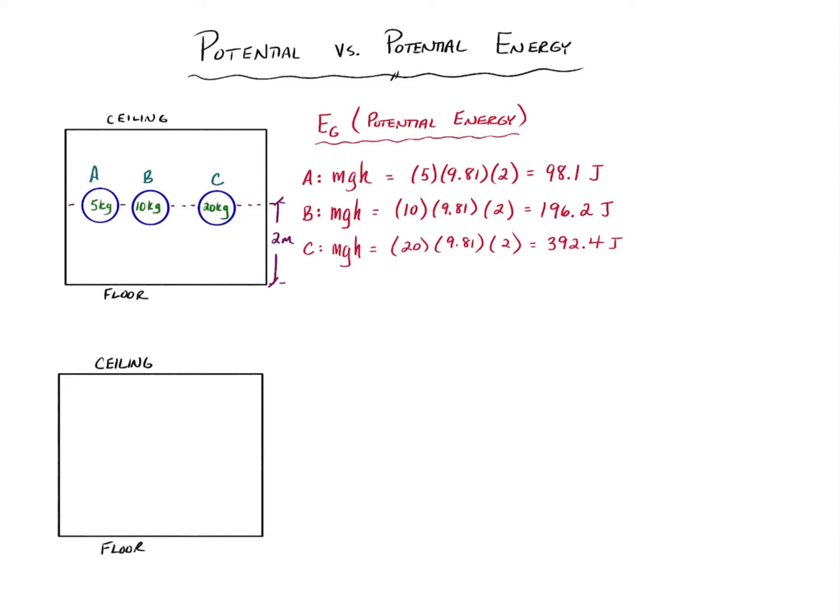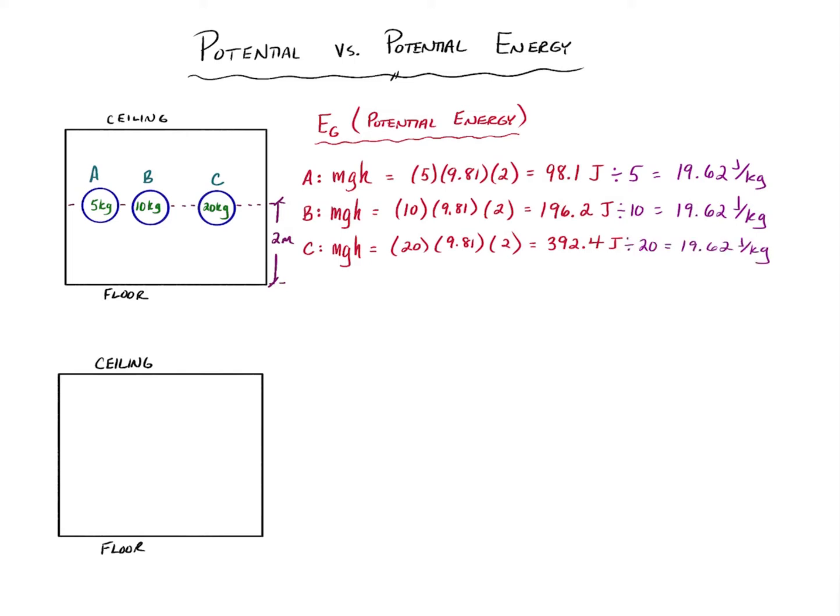We can do the same thing, but let's find out how much energy we got per kilogram of mass that these objects had. So if I divide the 98.1 by 5 for 5 kilograms, I find that object A really has 19.62 joules per kilogram that it possessed. If I do the same for the second, this time dividing by 10 because it's a 10 kilogram mass, I will find that I get that same value, 19.62 joules for every kilogram that that object had.